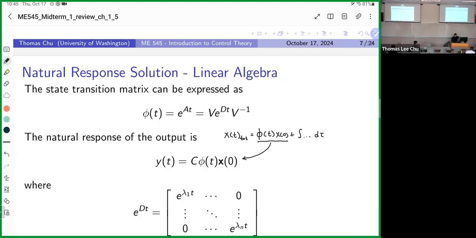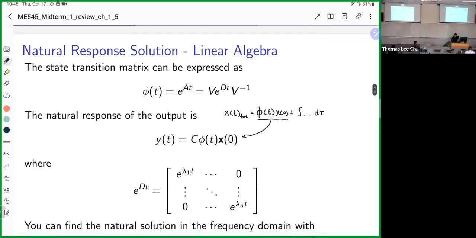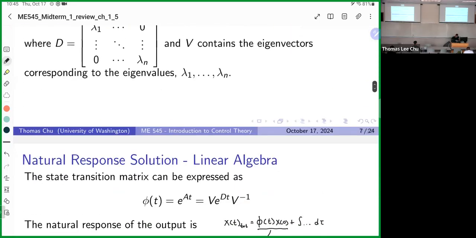So can you clarify that A is not a state transition matrix? Yeah, A is not your state transition matrix.